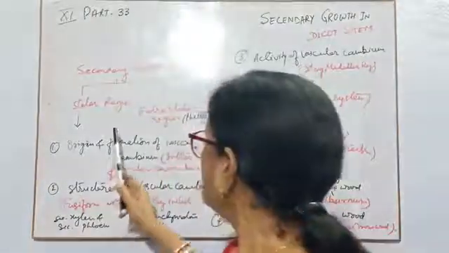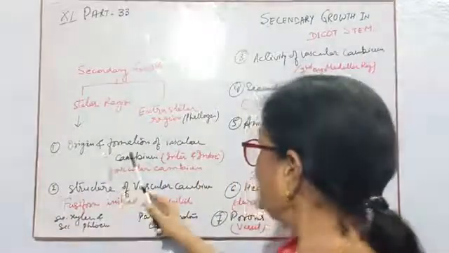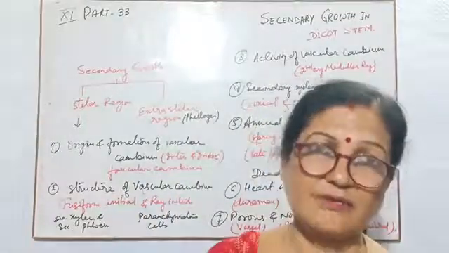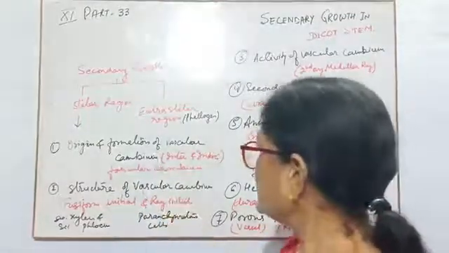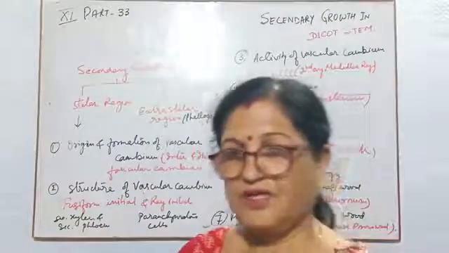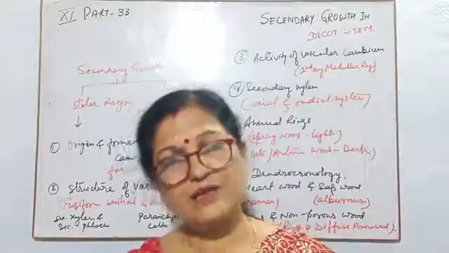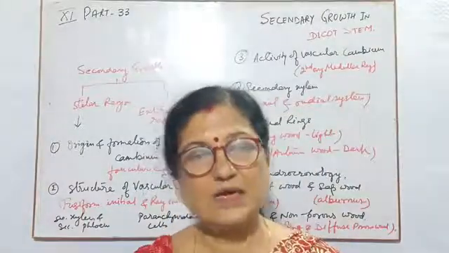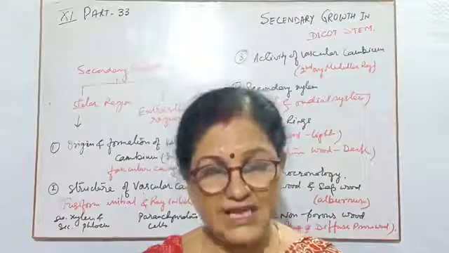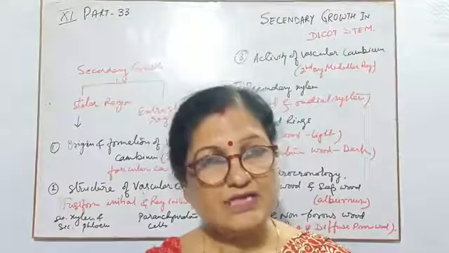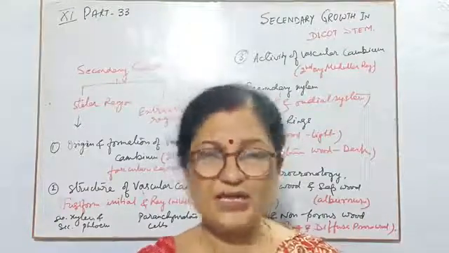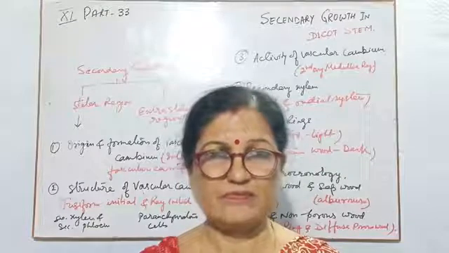So that is the origin and formation of vascular cambium. When these cambium cells start to grow between the xylem and phloem, that vascular bundle is the open type of vascular bundle.